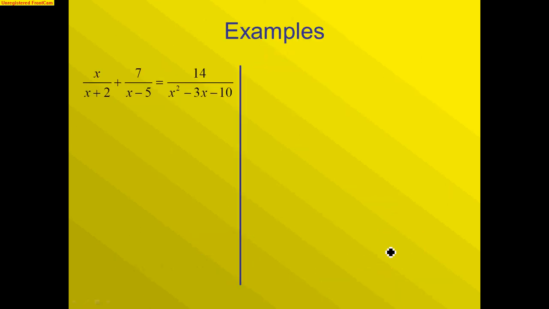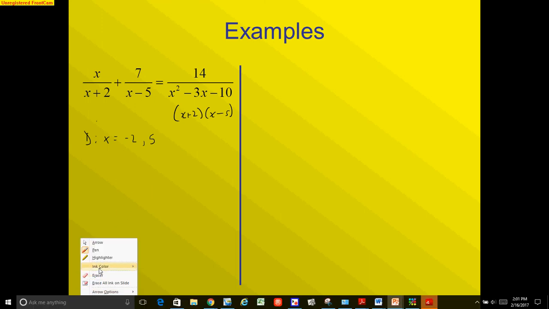So let's do another example. For this one, now again, this is pretty easy, right? If you factor this, you figure out that the factors are x plus 2 and x minus 5. So I say to myself, the domain is x cannot equal negative 2 or 5. Then I go about my business. I find my common denominator, and my common denominator is x plus 2 times x minus 5, and I multiply.